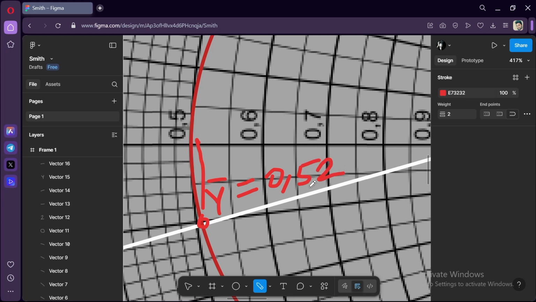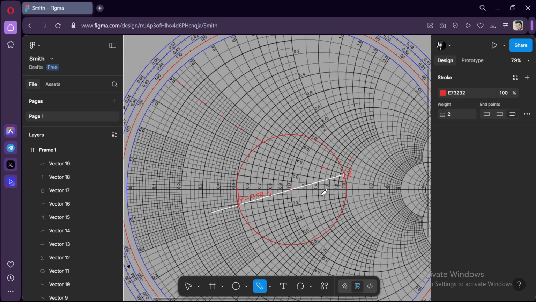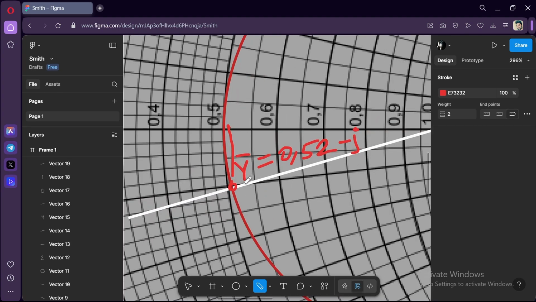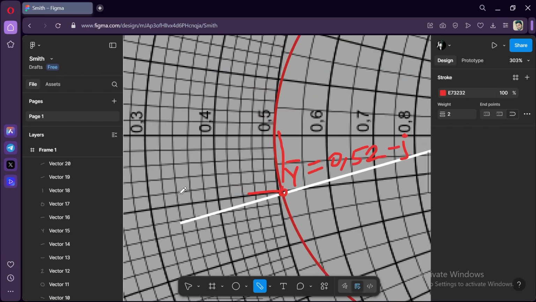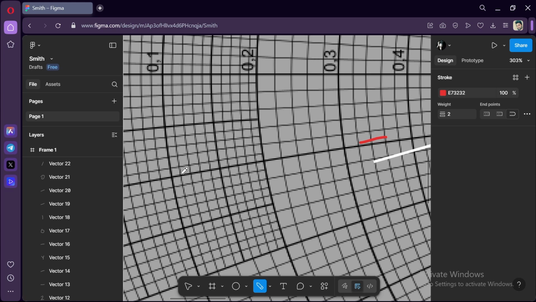Also we have the imaginary part. I am putting minus j because this is the bottom, lower side of the Smith chart, so the imaginary values will be negative. Where is this line going?